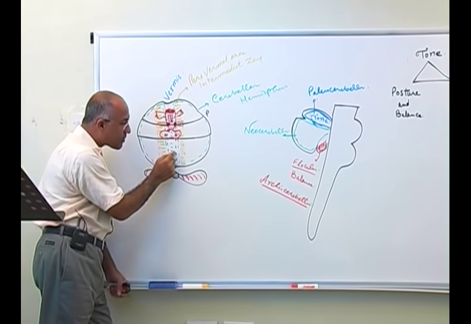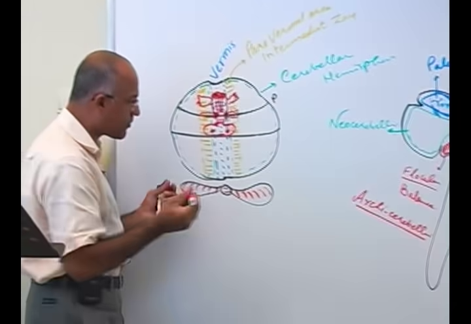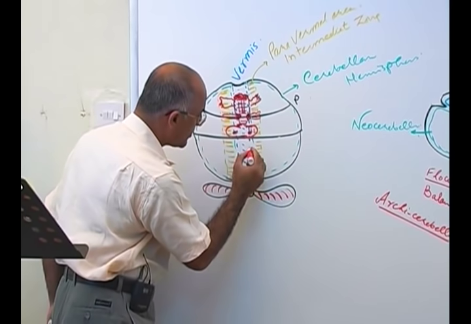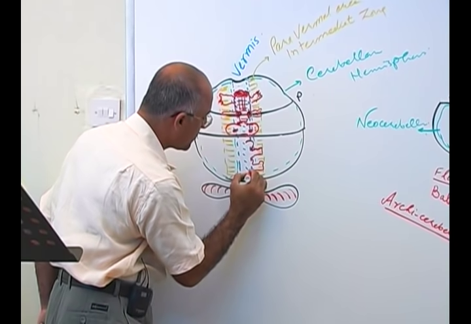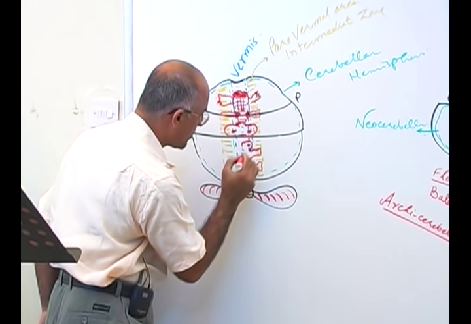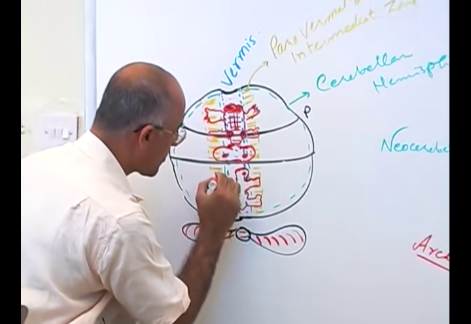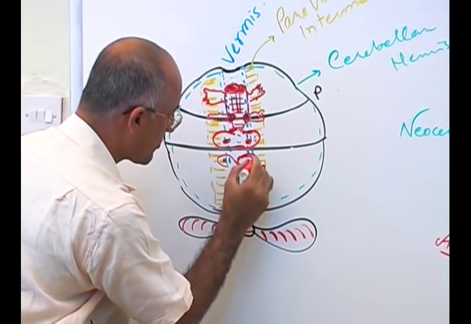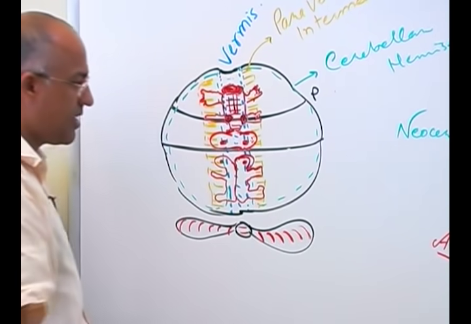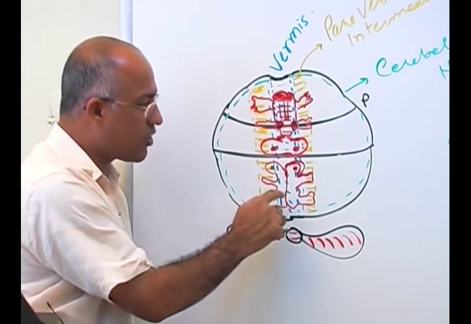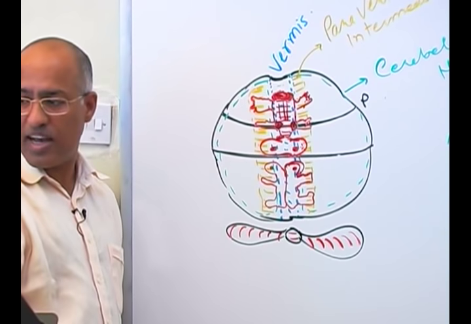There are other homunculi present over here also, but in a different way. This is hand, this is feet. In this lobe area, what is happening?